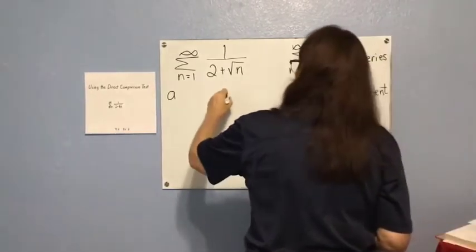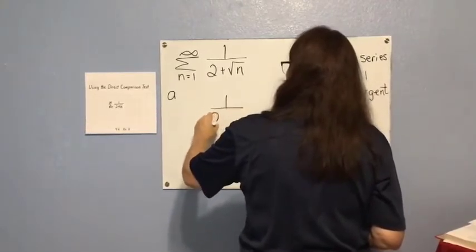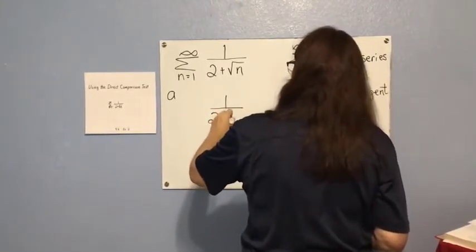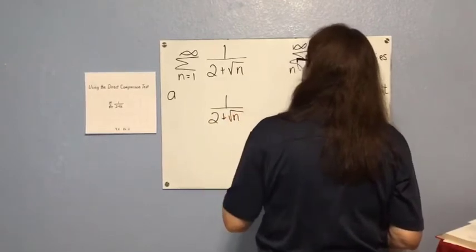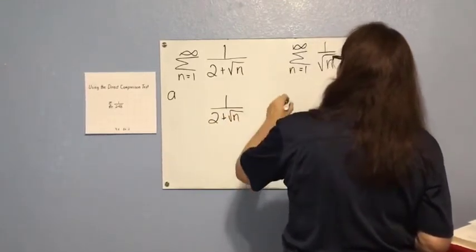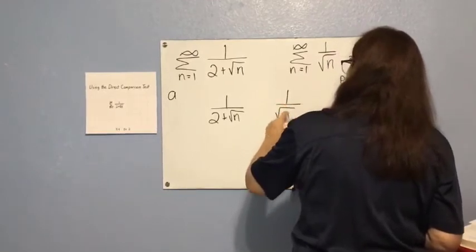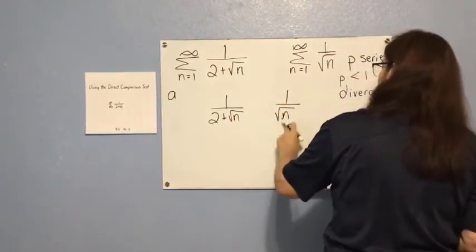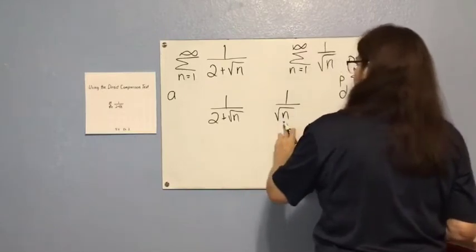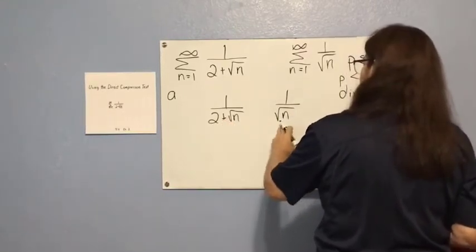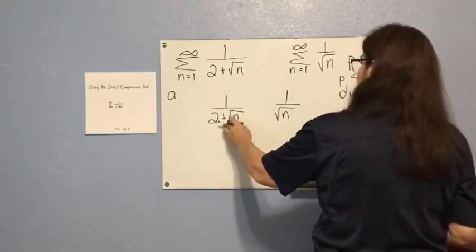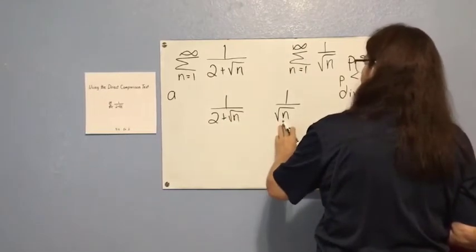Okay, so looking at the two terms, if I have 2 plus the square root of n, and over here I have 1 over just the square root of n. Again, this is going to be larger. This denominator is going to be larger than this one, which means this is going to be smaller than this.